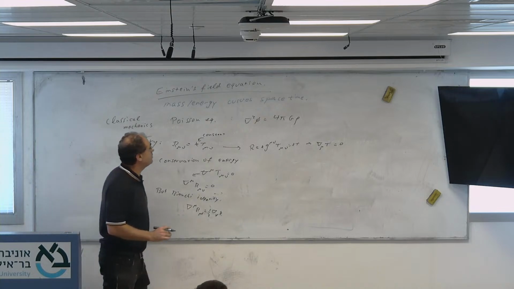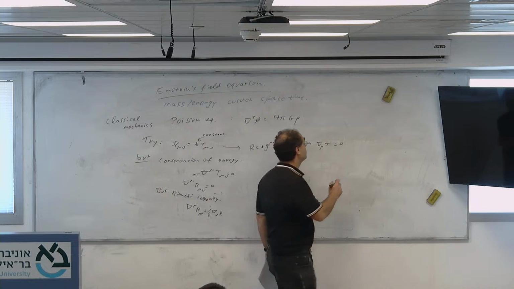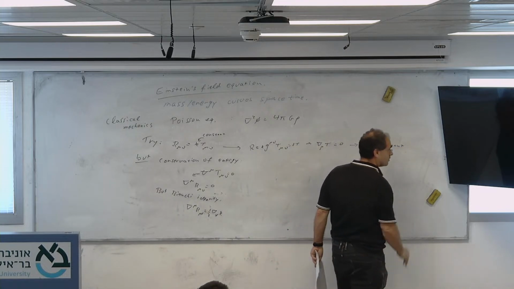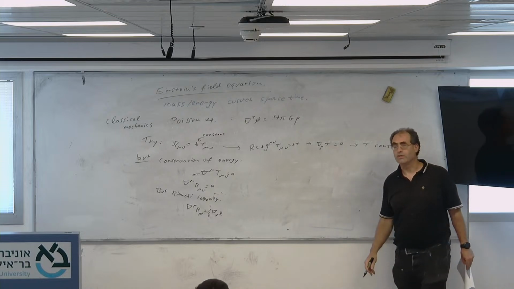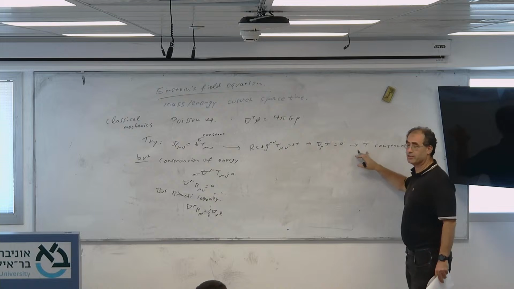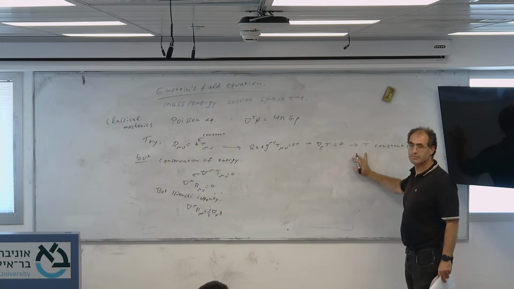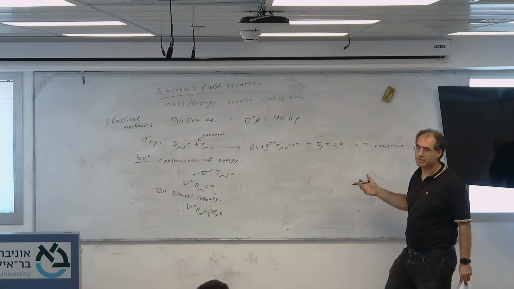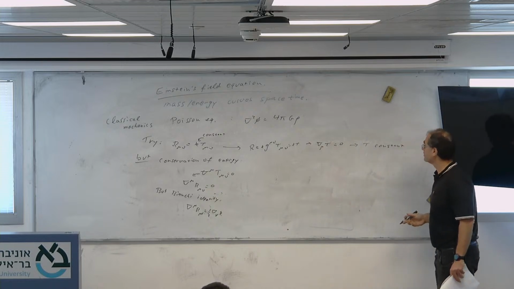Which means that T should always be constant. T is not always constant, because, right? In vacuum, what is T? 0. And inside a star, what is T? Something which is not 0. So that cannot be.